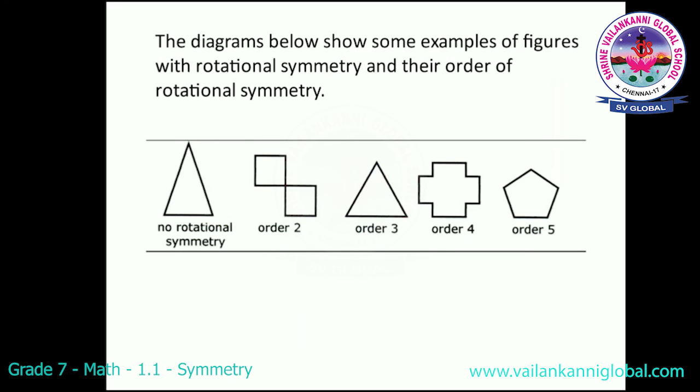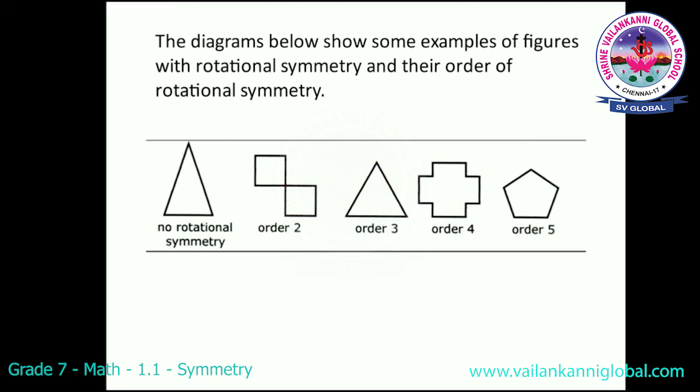So here some figures are given along with their orders of rotational symmetry. The first figure is a triangle, but it is not an equilateral triangle. Only an equilateral triangle has rotational symmetry. So here it is not an equilateral triangle, so it has no rotational symmetry. The second figure has order 2.